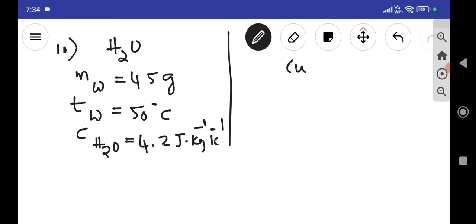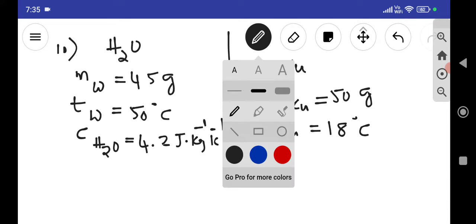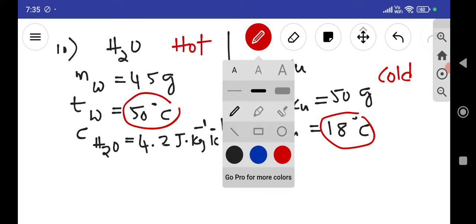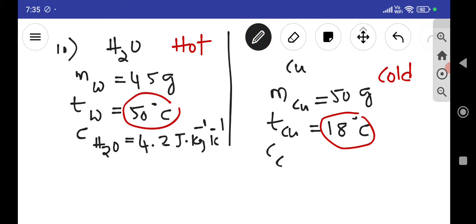Now for copper, mass of copper is 50 grams and temperature of copper is 18. So looking at the temperature we can immediately identify that this is a hot body and this, with less temperature, is the cold body. Next, specific heat capacity of copper is given as 0.39 joule per gram per Kelvin.